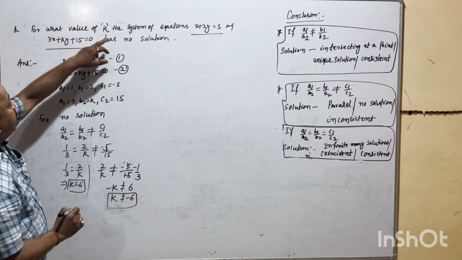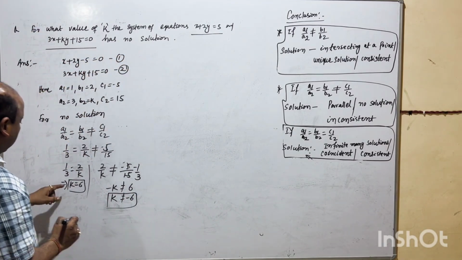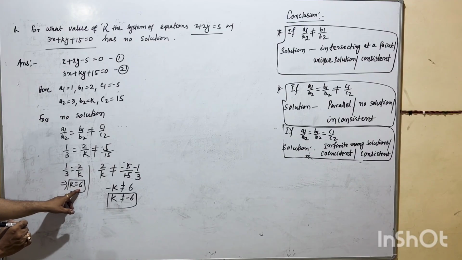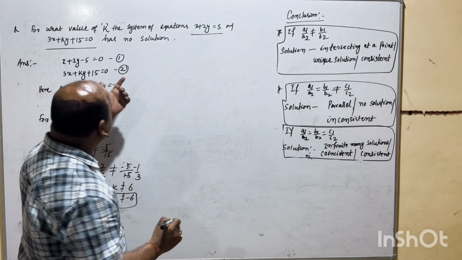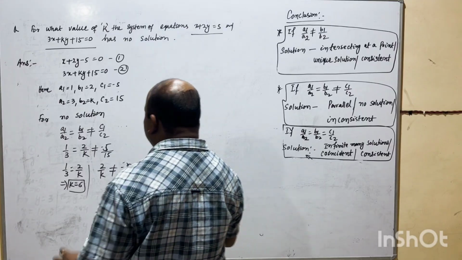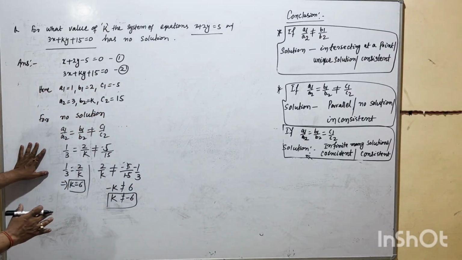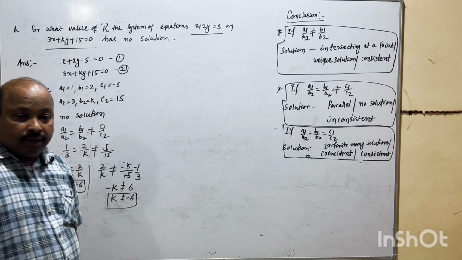So the system has no solution for k equal to 6. This type of question also comes in your examination.